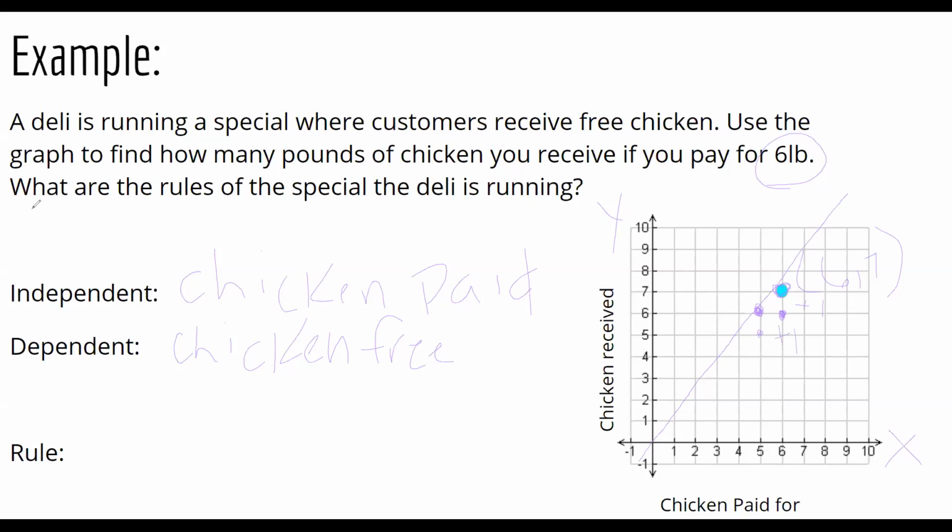So it asks what rule is the deli running? If each one is adding by 1, the rule would be that if I bought chicken, I get a pound for free. You could keep going down the line. At 4 pounds that I paid for, it would be at 5. So I bought 4, but I received 5. So the rule is when you buy chicken, you get 1 pound for free.